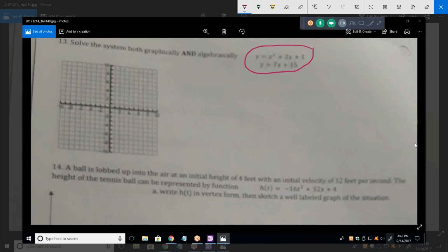The system of equations. They solve systems of equations. Two methods: substitution or elimination. Which one are we going to use here? Substitution.